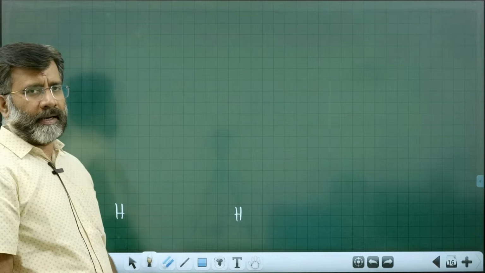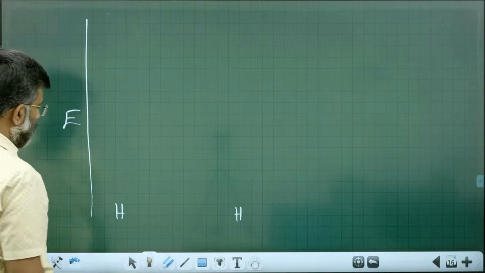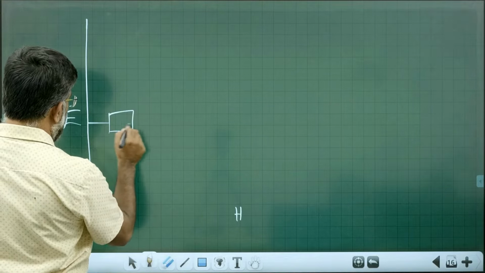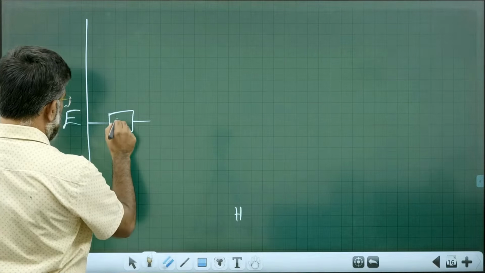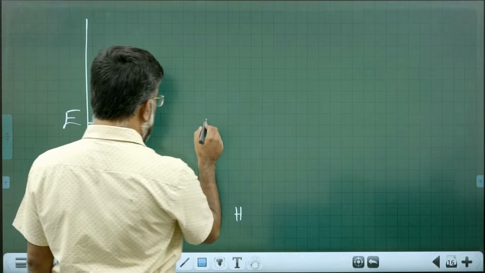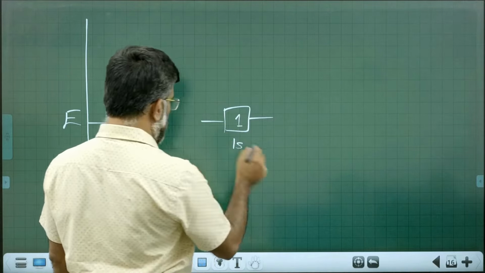Two hydrogen atoms forming hydrogen molecule. How can we understand the molecular orbitals? All of you know hydrogen has a 1s1 system. This is 1s1 system for hydrogen atom 1, and the other hydrogen atom has a 1s1 electronic system.